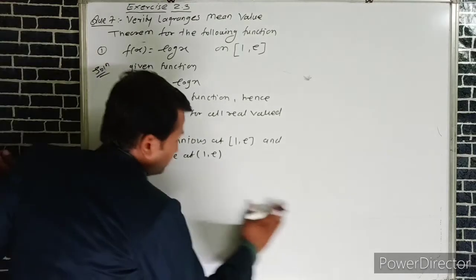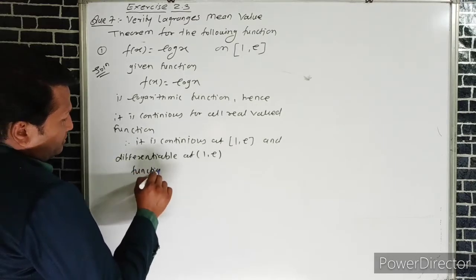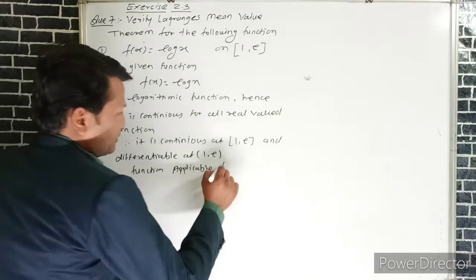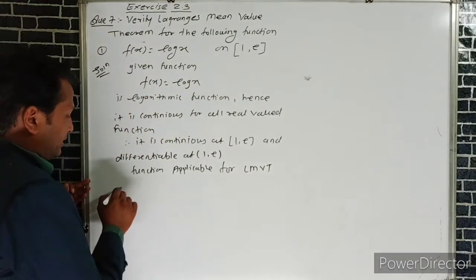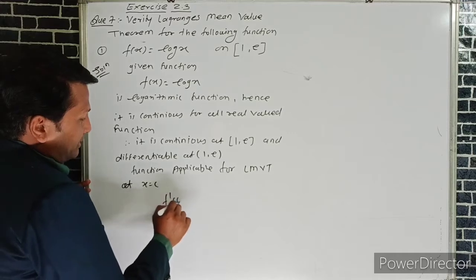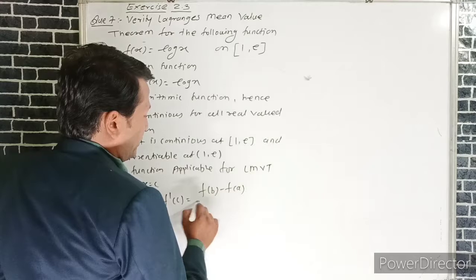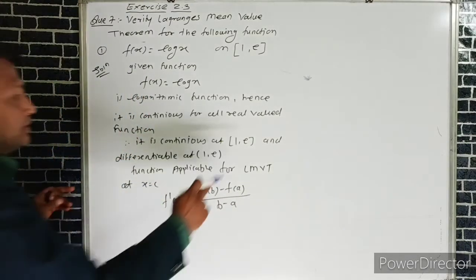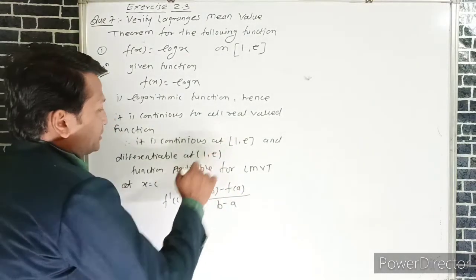So we know that the function is applicable for Lagrange's mean value theorem: at x equals c, f'(c) is equal to (f(b) minus f(a)) upon (b minus a). Here the open interval (1, e) represents the coordinates 1 comma e.